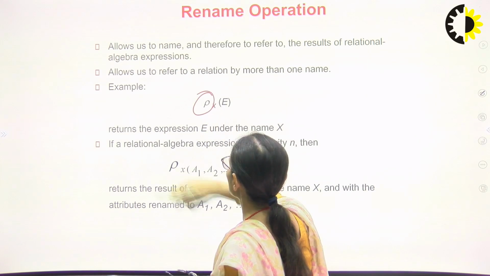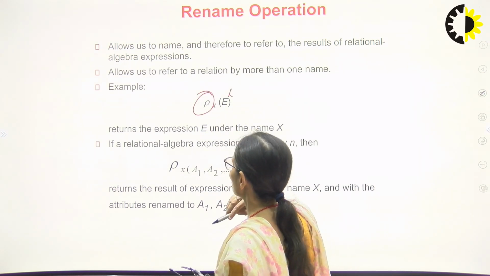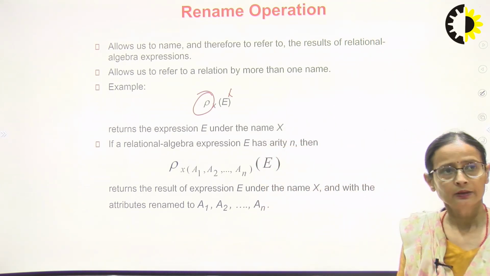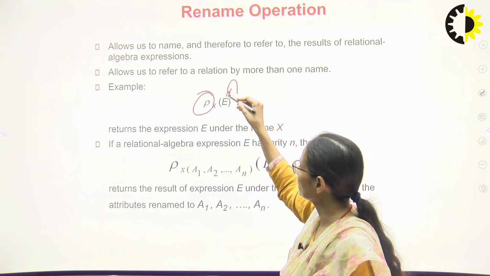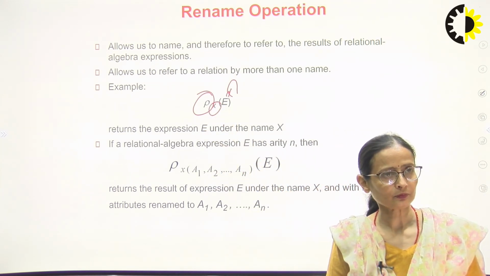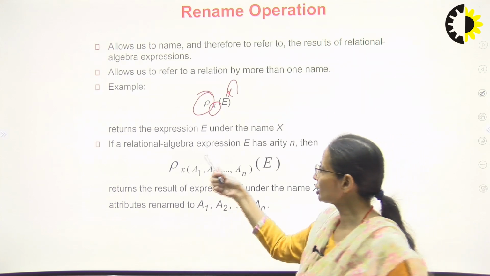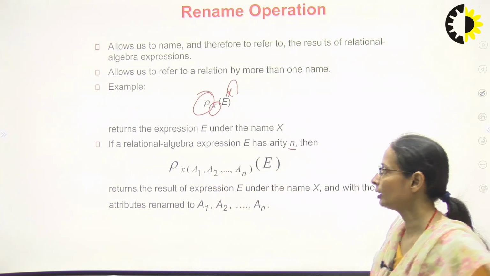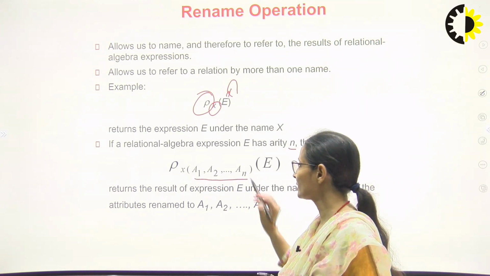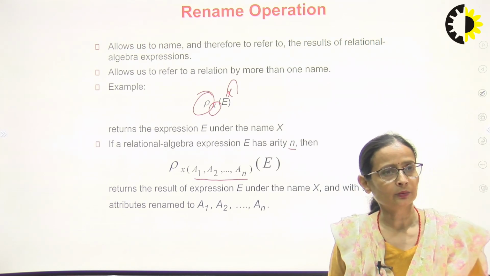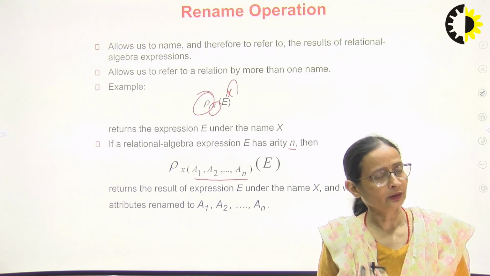The symbol is rho, E is my relation and the name is X. That is, the output of this relation is returned under the name X. So if a relational algebra expression E has arity n, then you write rho X with all the attributes that need to be returned in this final output, and it gets renamed as X.